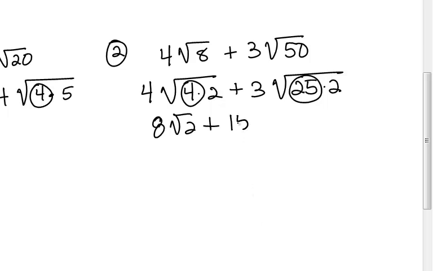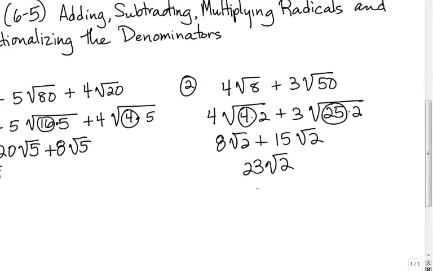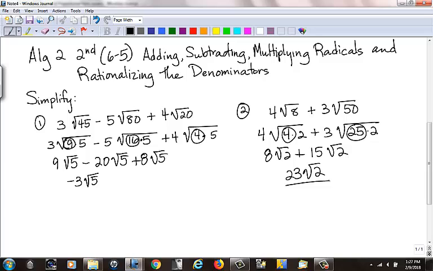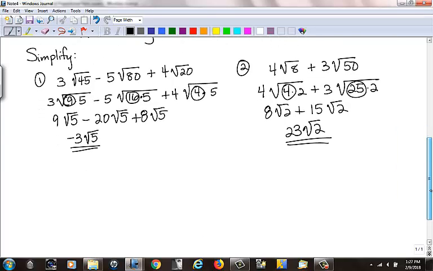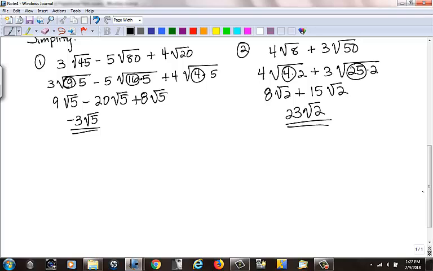Yep, 15 radical 2, and then add them together, 23 radical 2. The radical stays the same, so 23 radical 2. Okay, so that's what they mean by adding or subtracting radicals. And the only ones that you can combine are the ones that have the like terms, the same radical.